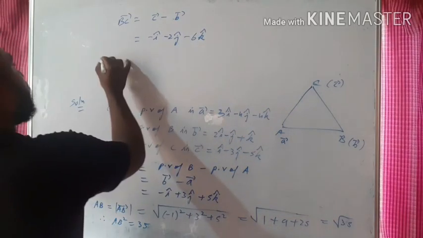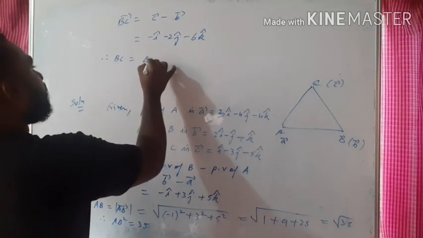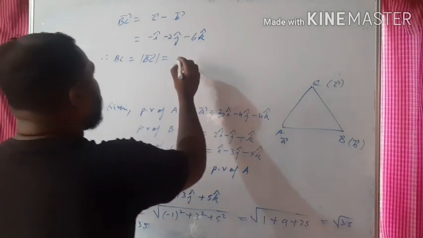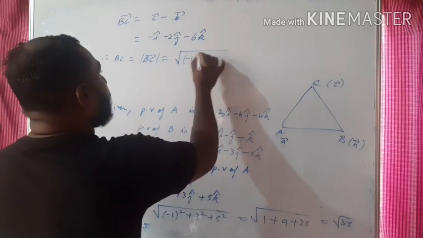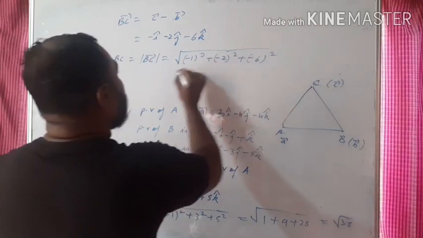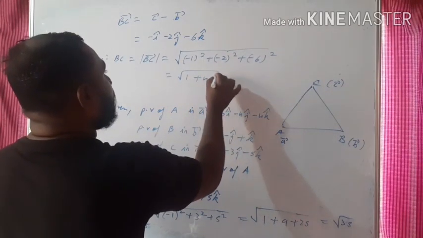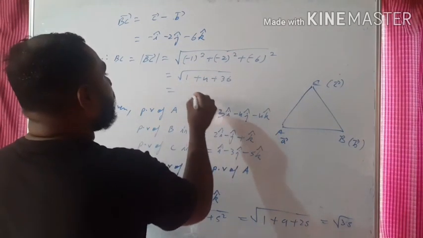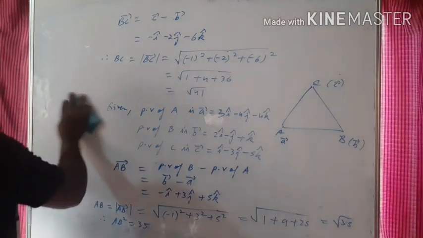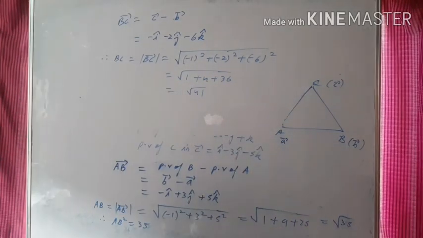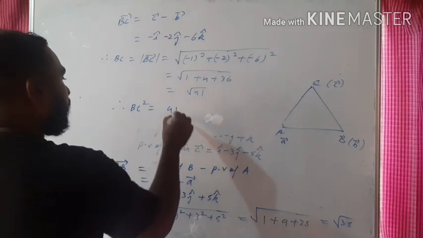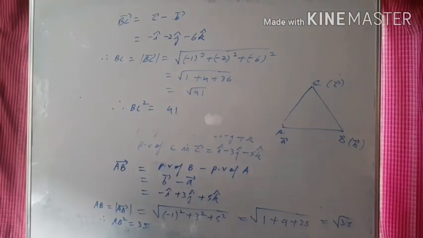Therefore BC will be the magnitude of vector BC. So it will be minus 1 square plus minus 2 square plus minus 6 whole square, that is 1 plus 4 plus 36, which is 41, root 41. Therefore BC square will be 41.